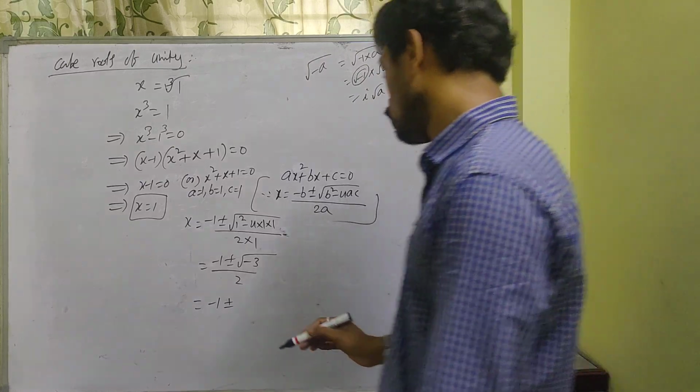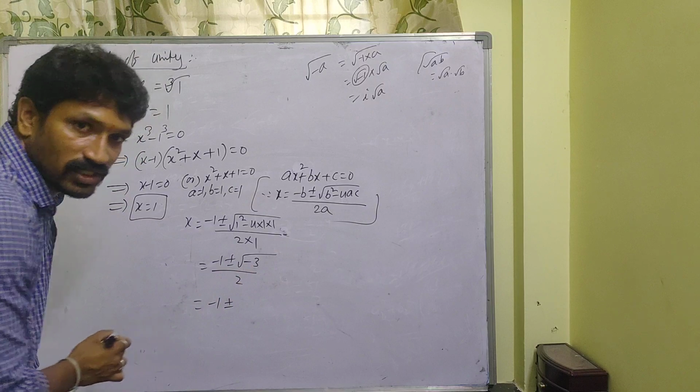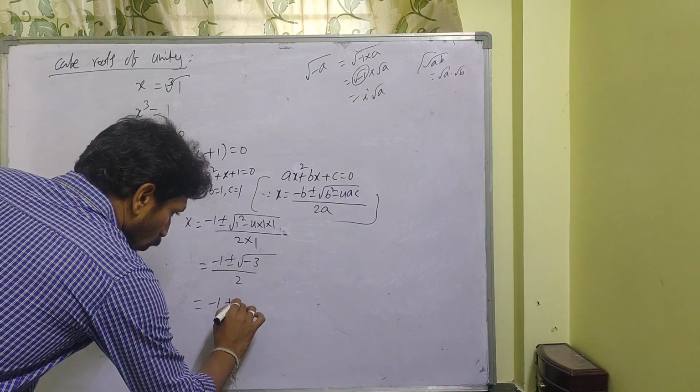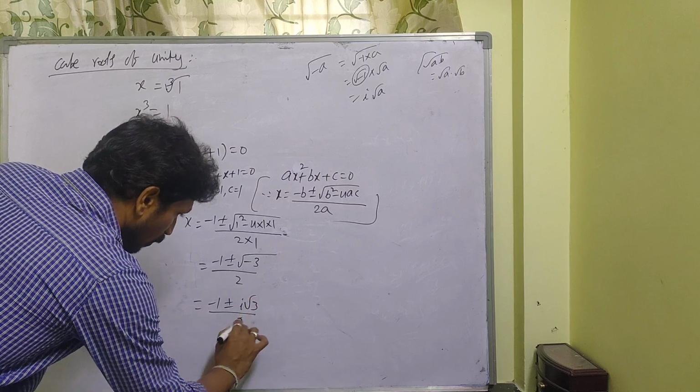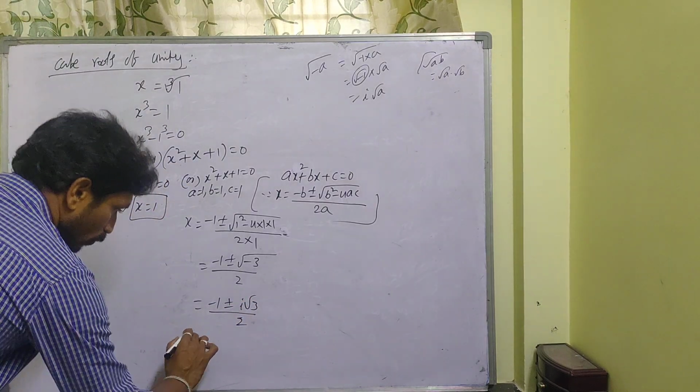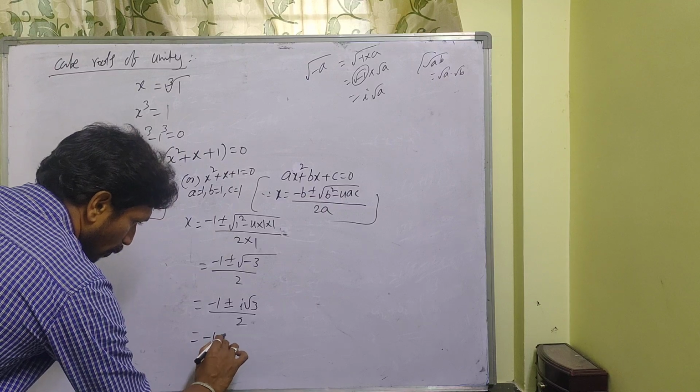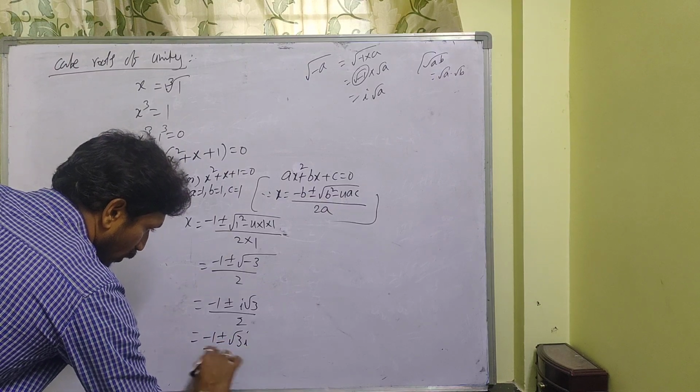Just remember. So how can you write this? Root over minus 3 you can write as i root 3, so i root 3 by 2. For our convenience, you can write this as minus 1 plus or minus root 3 i by 2 also.